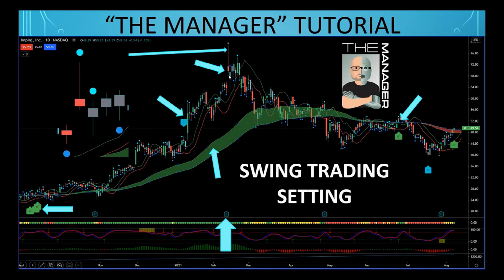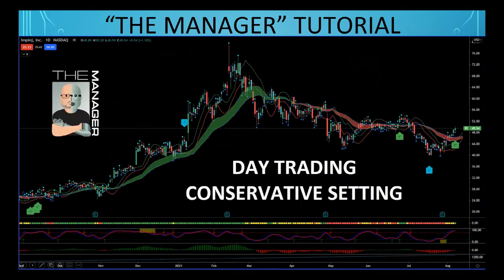So there's a massive difference in that profit there. So that behavior gives you that warning sign that, hey, high volume rejection here on earnings, this is potentially a violent pullback. So that's on the swing trading setting.